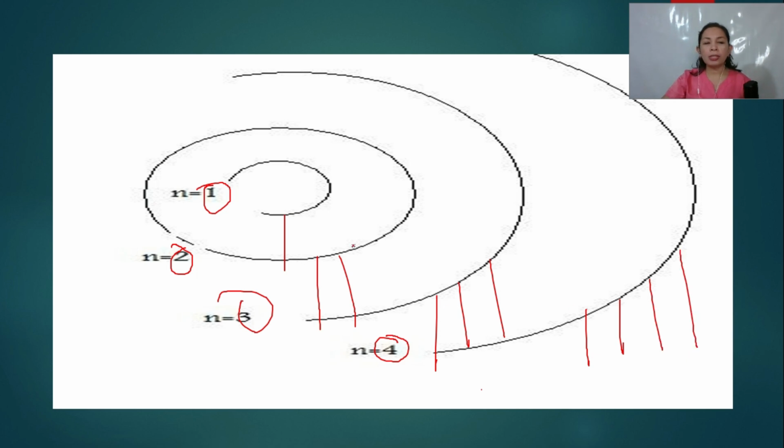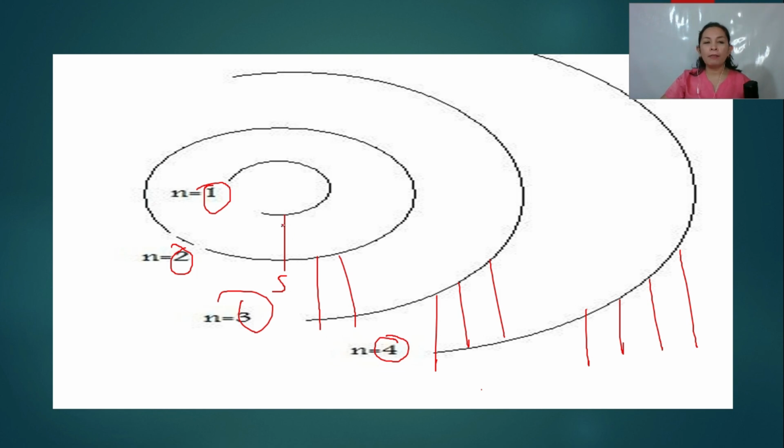And with regards to the name of the sublevels, usually it is taken from the characteristic of light. So we have SPDF.